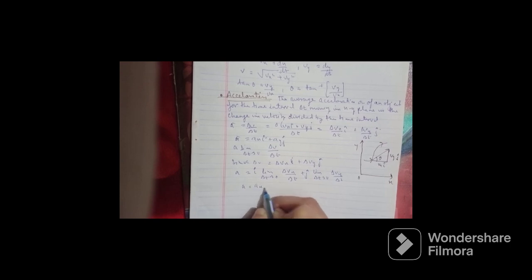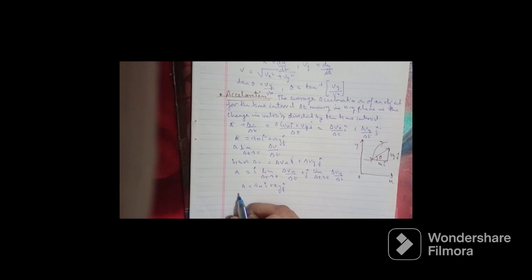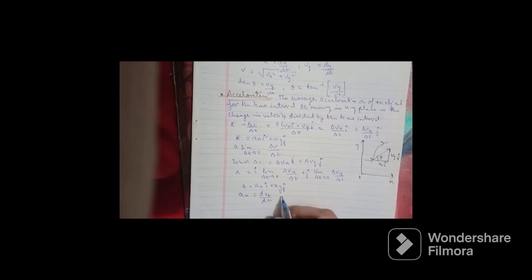A equals Ax i cap plus Ay j cap, where Ax equals dvx upon dt and Ay equals dvy upon dt. There are many cases, of course, we will deal with the same.